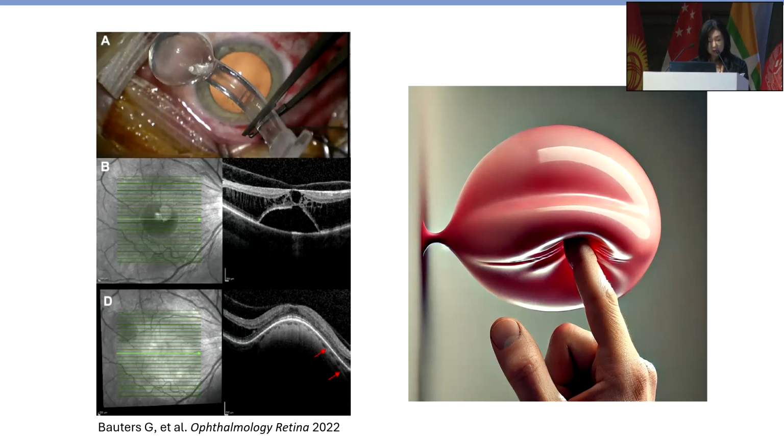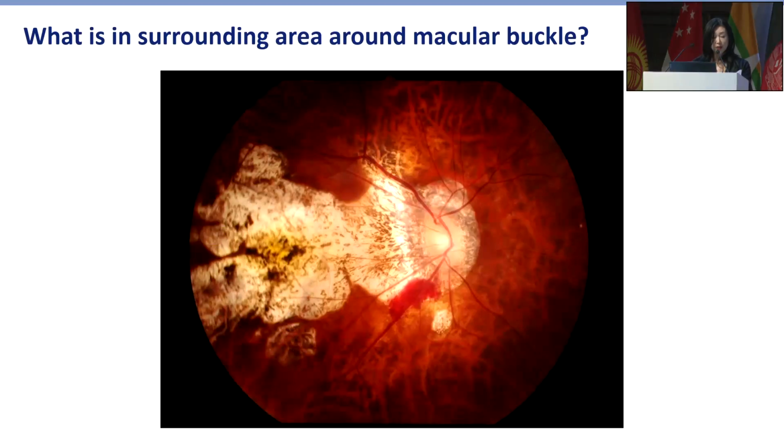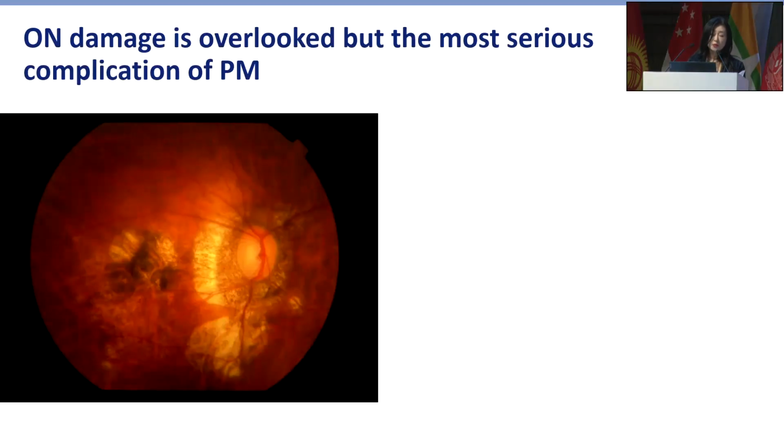In this left figure by Dr. Bolters, you can observe how the scleral curvature of the nasal sclera is significantly altered, and it affects the optic nerve. When the surrounding area bulges posteriorly, this expansion encompasses the optic nerve region. Optic nerve damage is a major cause of visual impairment in high myopia, yet it is often overlooked until its terminal stage.